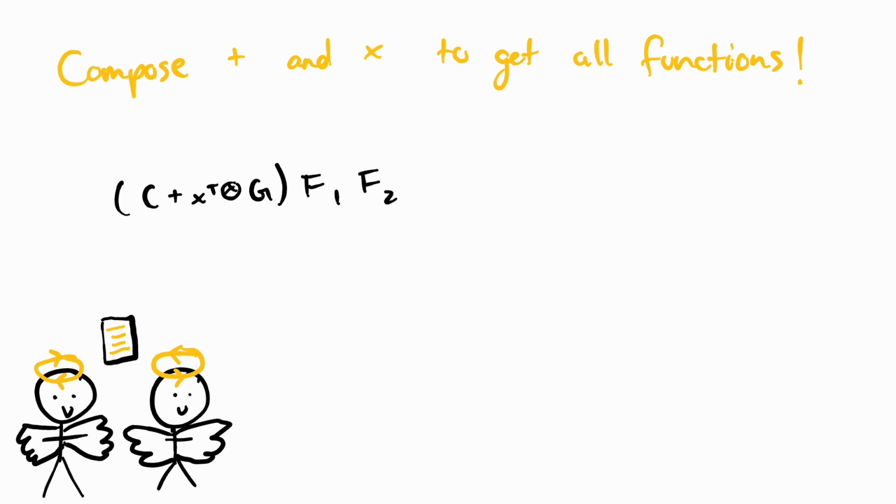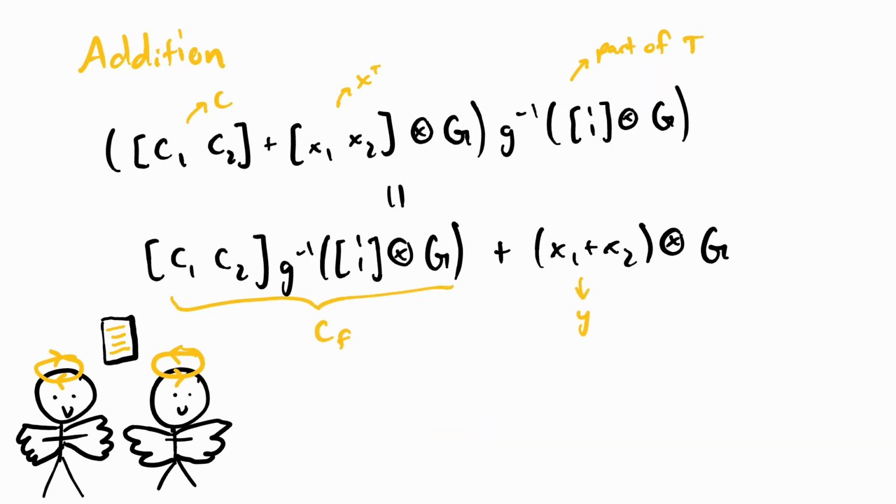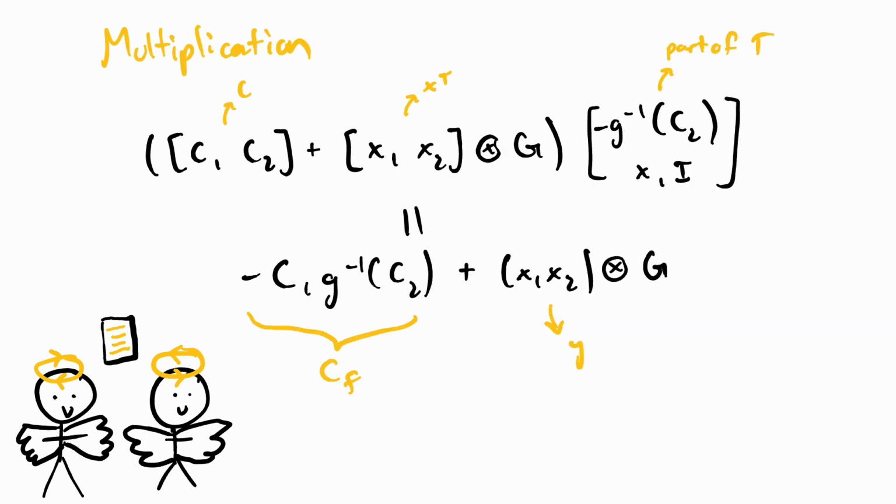So for this scheme, we can say we have two functions, f1 and f2, and we can apply them one after another, resulting in one final commitment C_{f2 composed with f1} and output f2 of f1 of x. And here's the construction. So for addition, we got this, and for multiplication, we got this.